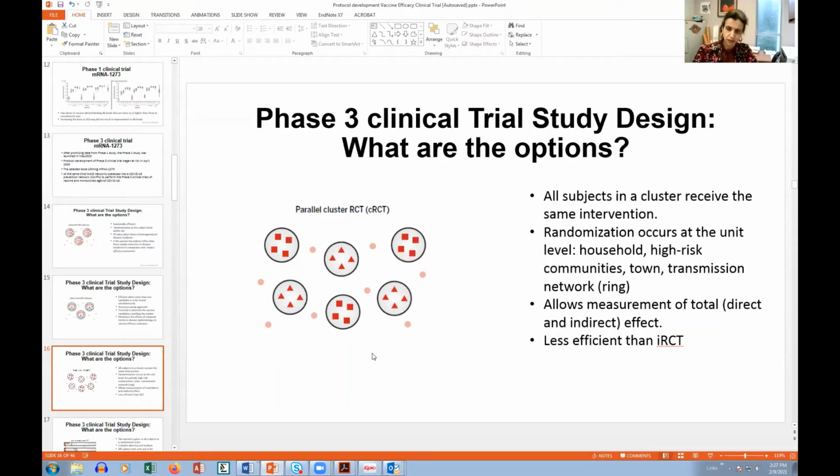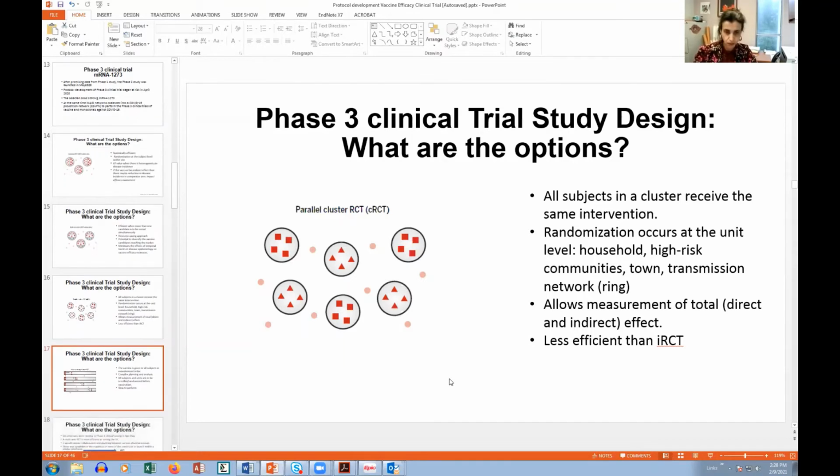Small towns in Africa, sometimes they randomize them to one intervention versus another. Or you can also use the ring approach using the transmission network to randomize. It allows the measurement of the total, which is the direct and indirect effect of vaccine efficacy. It is less efficient than the randomized controlled trial, and efficiency was of the essence during this protocol development.